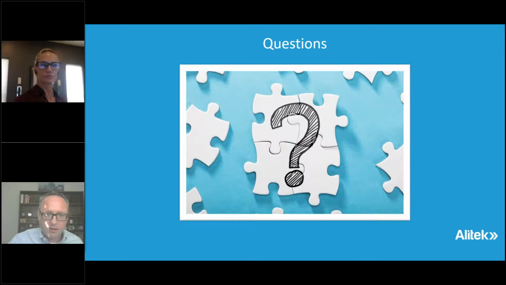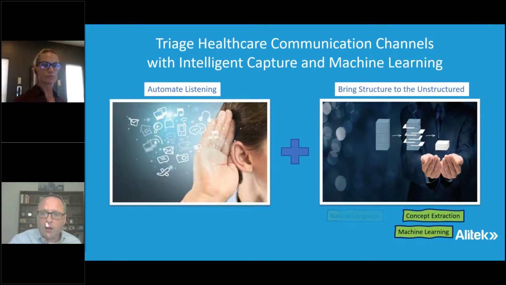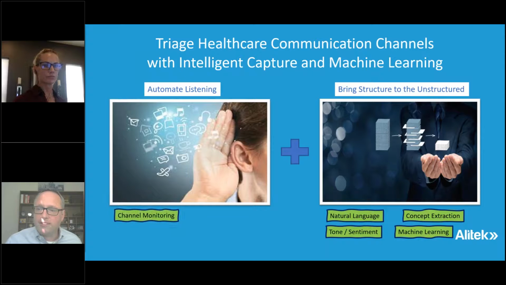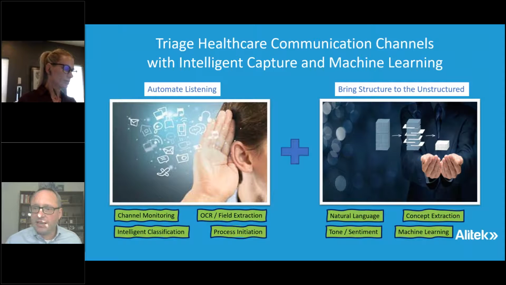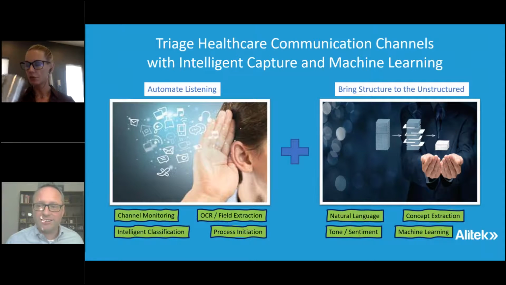Let's see here. So as we near the end of the webinar, I'd like to take a moment to summarize what we've seen here today. So with Intelligent Capture and Magellan together, we saw how organizations can automate the triage of incoming communication channels, but also take the revolutionary next step of interpreting unstructured content, just like Erin showed with her peanut allergy example. Right?